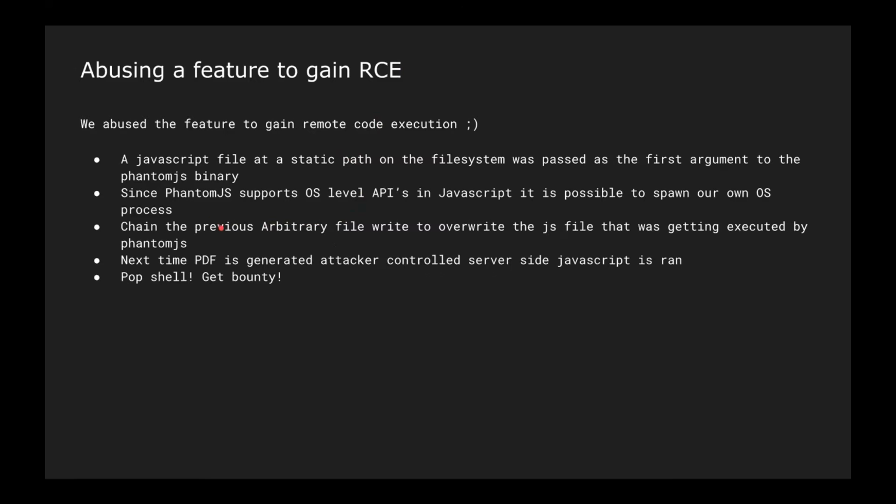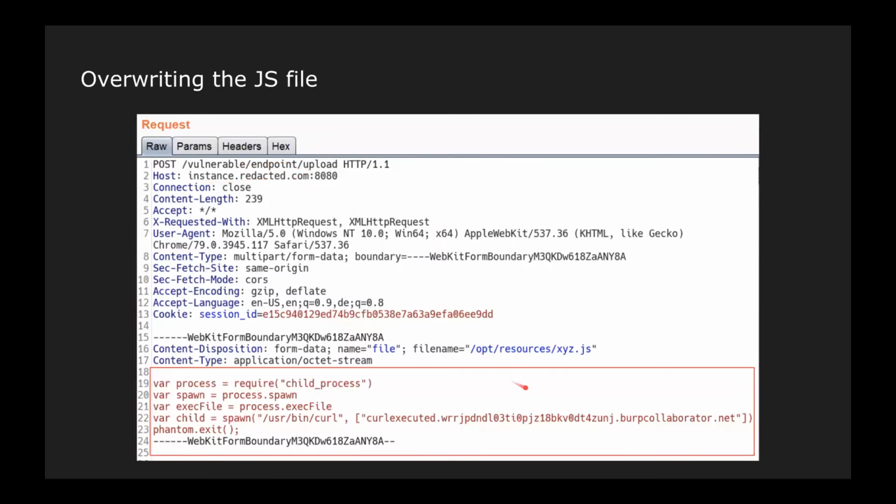So with that in mind, I had a theory: what if I override the JS file instead of the phantom JS, and spawn a new process and execute my command from there. So that's what I did. I went to the endpoint and re-uploaded /op/resources/xyz.js with code that would require child process and call the spawn method, and pass our curl command and argument to it.